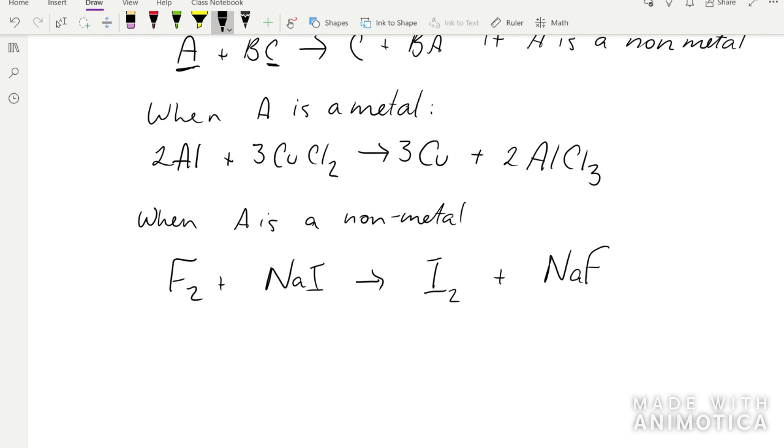Again, first thing we do is balance. We have 1 sodium, 2 fluorine, 1 fluorine. Have to change that. 2 sodium and 2 iodine. That one's a relatively easy one.